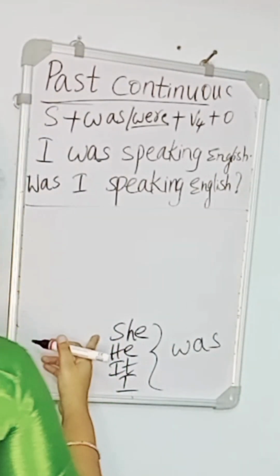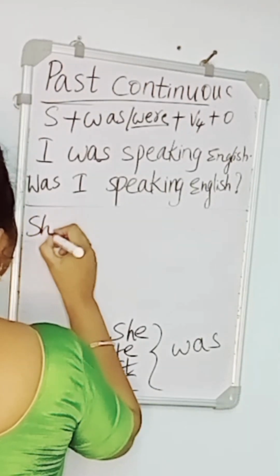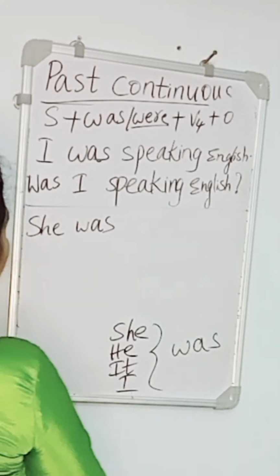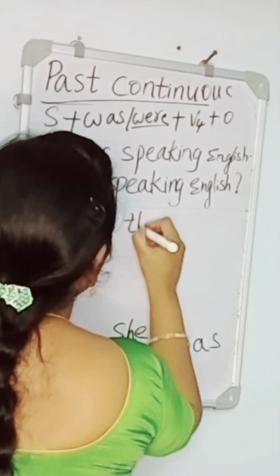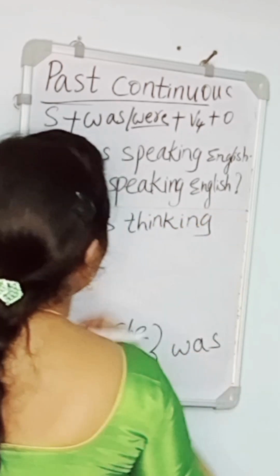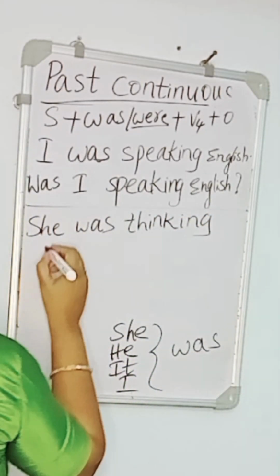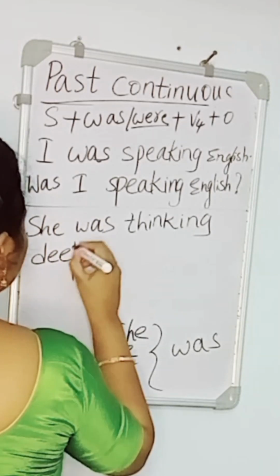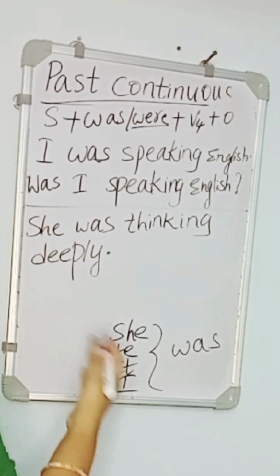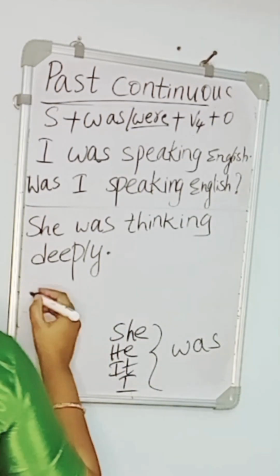Okay, now I will take another one. She was thinking deeply. She was thinking deeply. So this is one sentence. And what is the question for this?